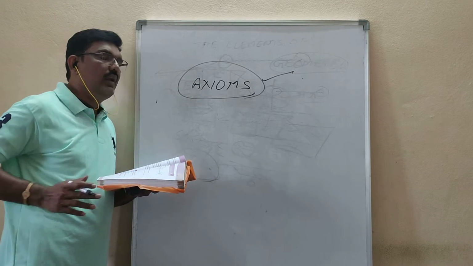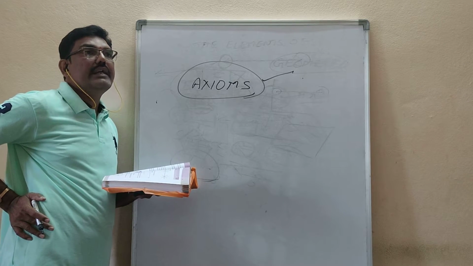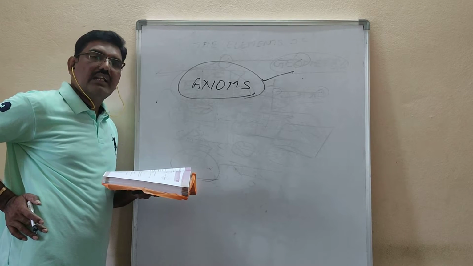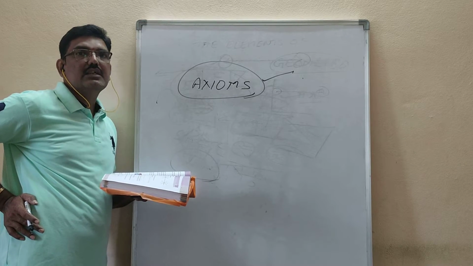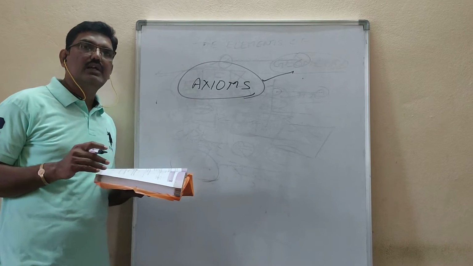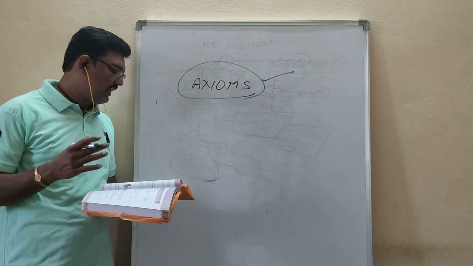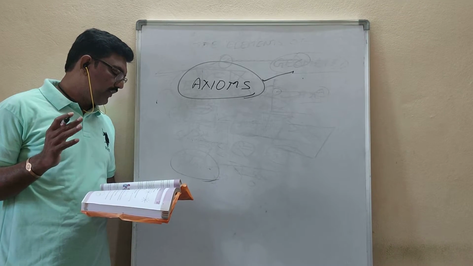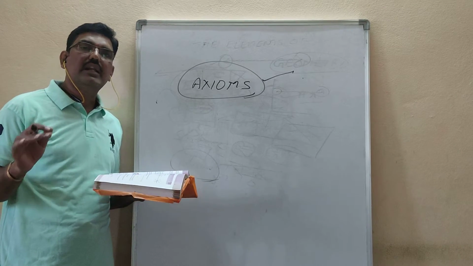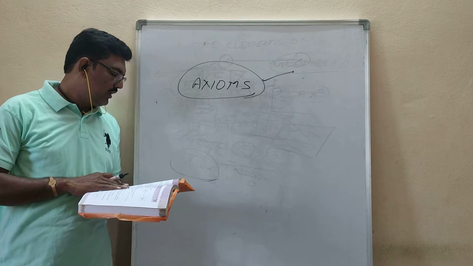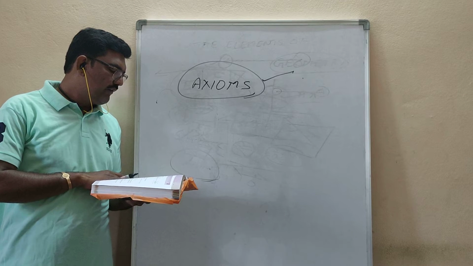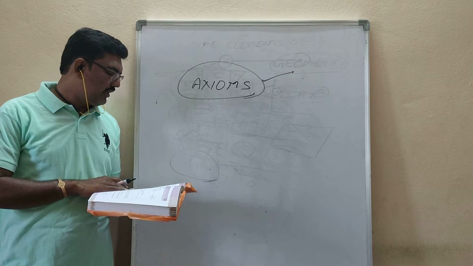For example, the sun rises in the east. Is there any proof for the sun rising in the east? You have to believe that, that's it. It won't have any proof. It is self-evident, it doesn't require any proof. So axioms are statements which are self-evident and assumed to be true within the context of a particular mathematical system.